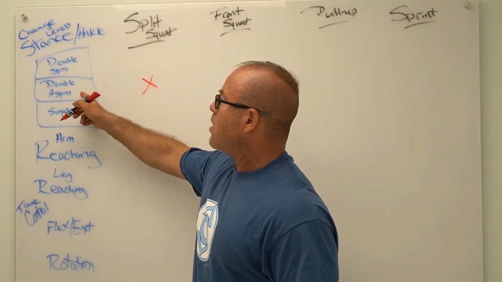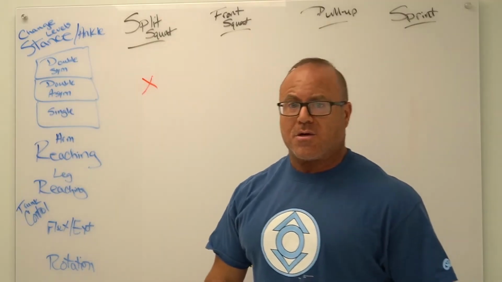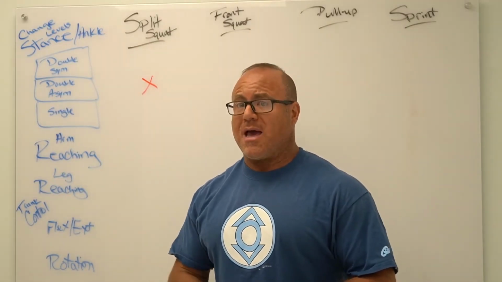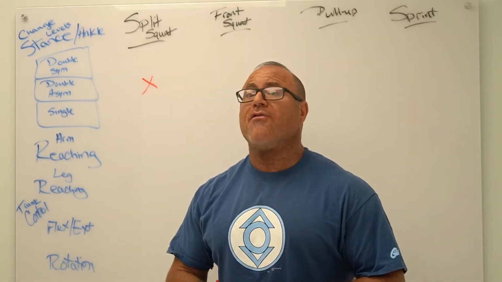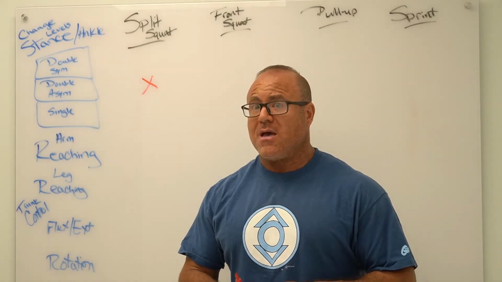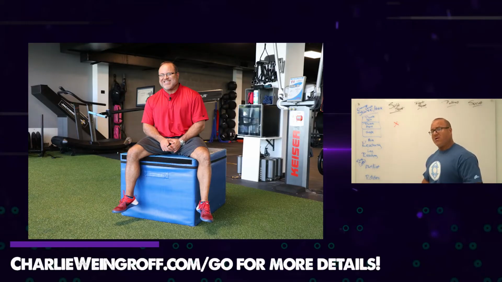So we need to learn about changing levels in a double asymmetrical stance. We need to understand about the forward leg having hip flexion, the forward leg having knee flexion, and the forward foot having dorsiflexion, because we're going to say we're coaching the split squat with an angled tibia.